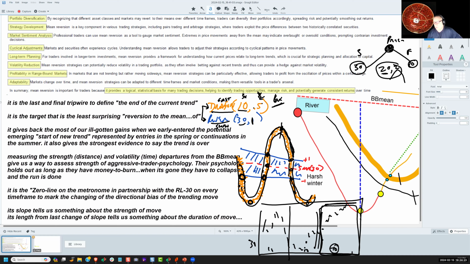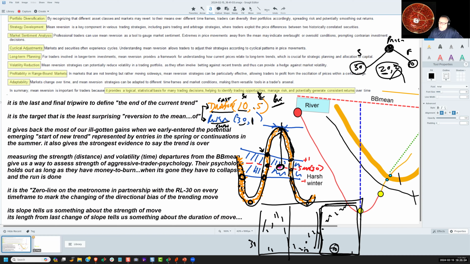Now, one of the things we can do is say each of these conditions here is actually a price. The dragon leaving the river is key, and the maximum distance from the Bollinger Band mean to the very peak of the dragon, if we draw that tangent line, this peak of the dragon is actually a statistically significant maximum excursion from the mean of the river.